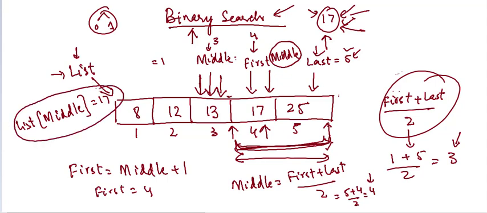So in this case it took us 2 shots. The first shot was checking this part of the array, the first middle that we checked, and this was not equal to 17. In our second shot we were able to find this value 17 in the array. So this gives you an idea of how easy and how much quicker it is to search for values when we are using binary search.